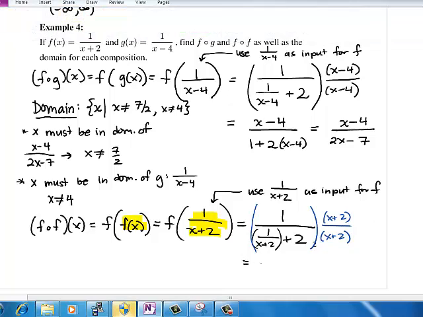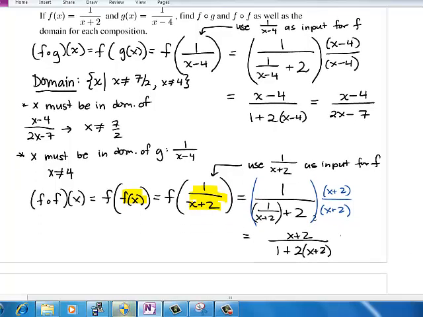And that's going to give us x plus 2 over 1 plus 2 times the group x plus 2, which means x plus 2 over 1 plus 2x plus 4, so 2x plus 5.